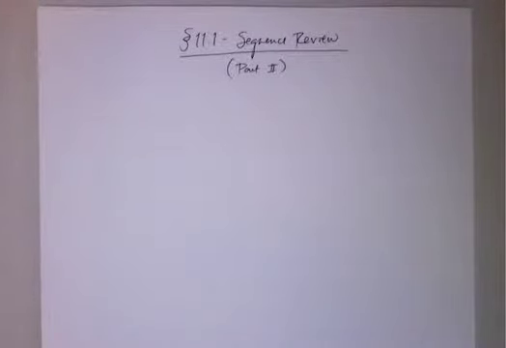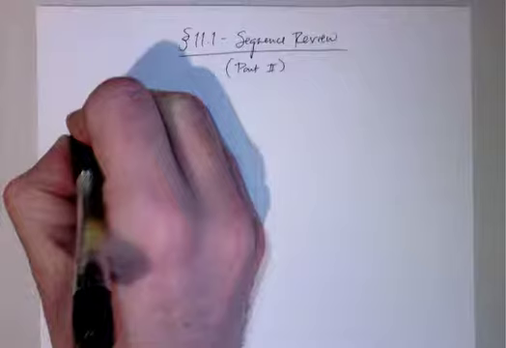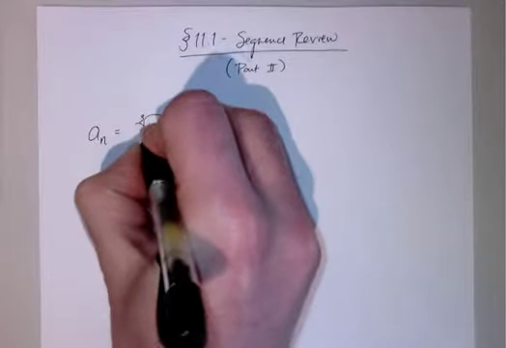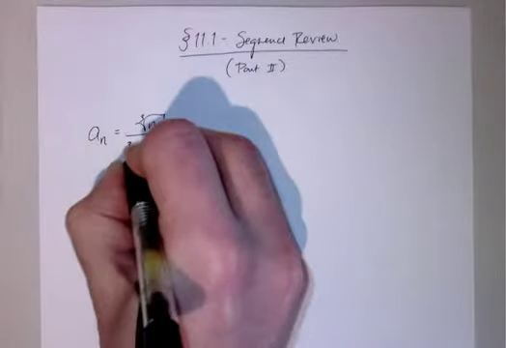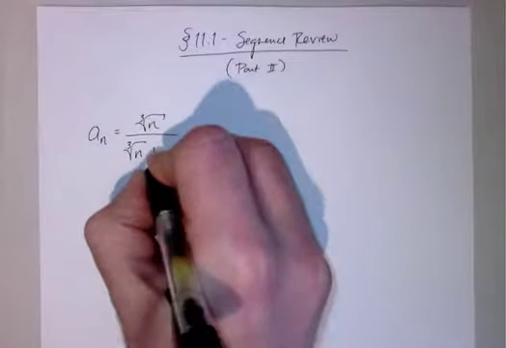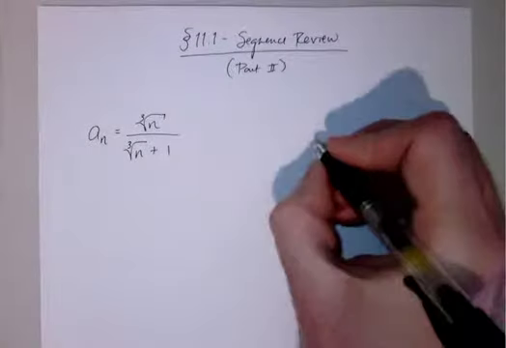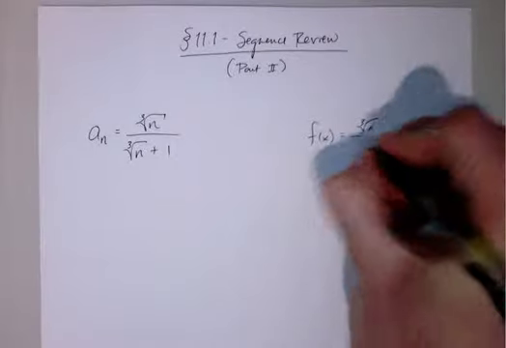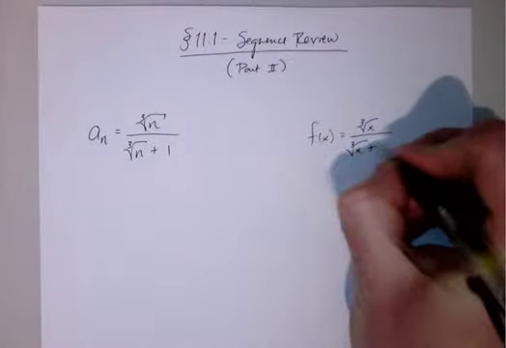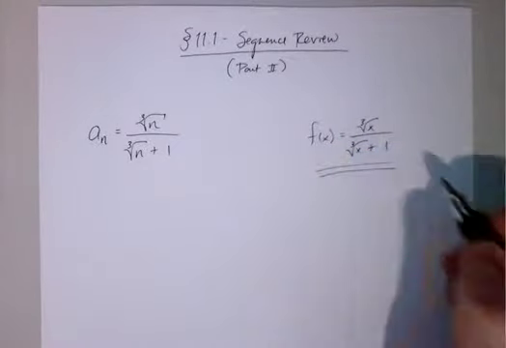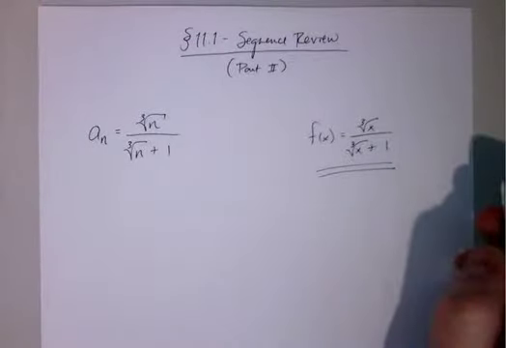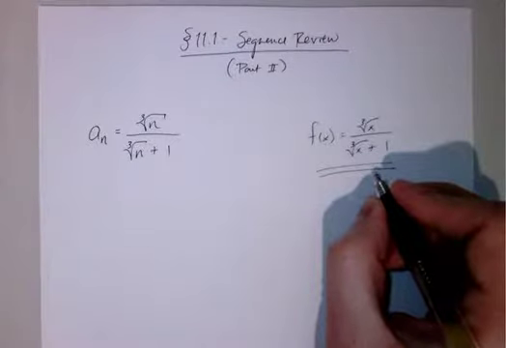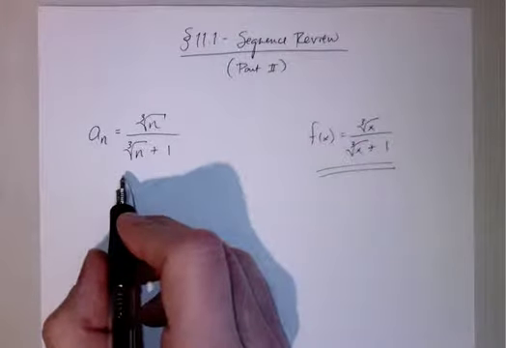Okay, so if we're given something like a sub n is equal to the cube root of n over the cube root of n plus 1, in our head, we should remember: did this have a horizontal asymptote as x goes off to infinity? Because if this has a horizontal asymptote, then this is convergent, okay?